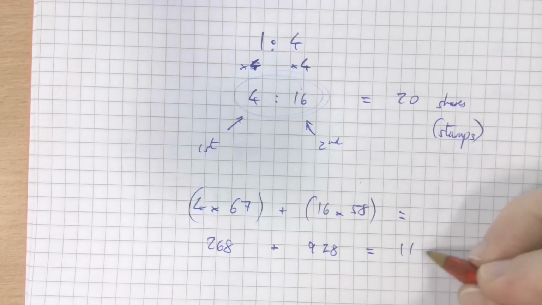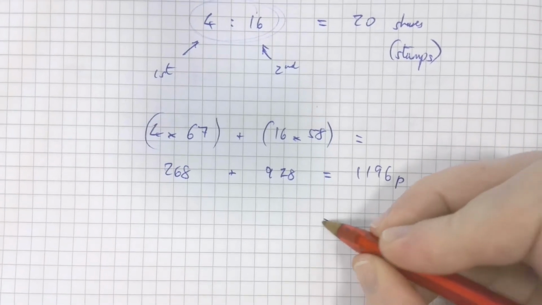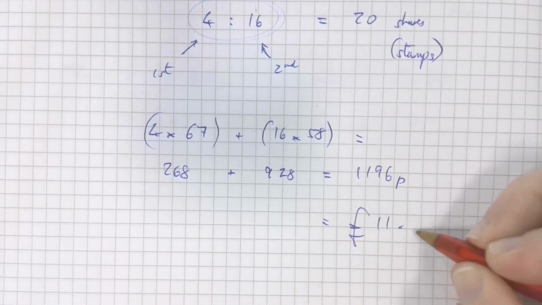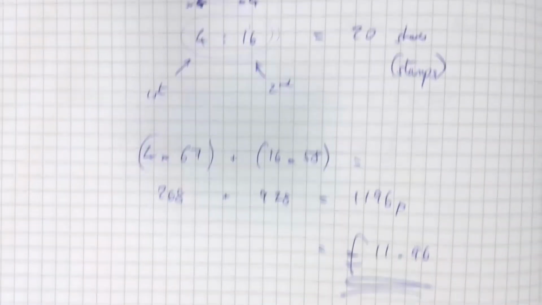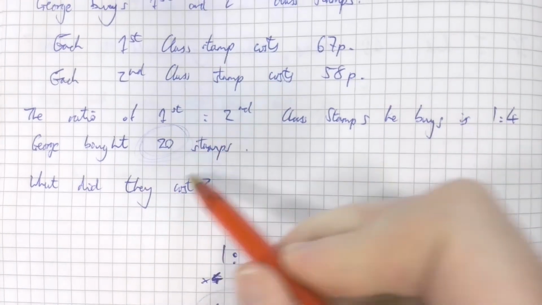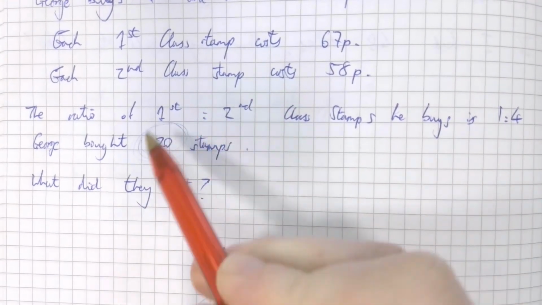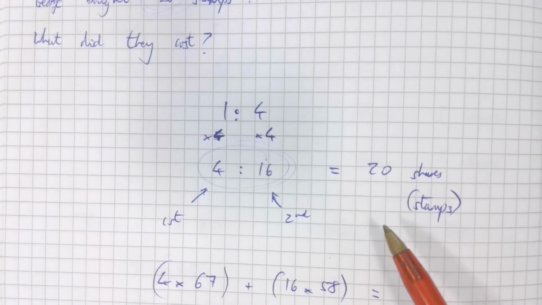You get 1,196 pence, which I think is probably a bit more sensible to express as £11.96. And that's that question. Just using what we know about how many stamps he bought, i.e. considering this as the number of shares that we want that ratio to be converted to, and then doing so. Okay, that's the second one.